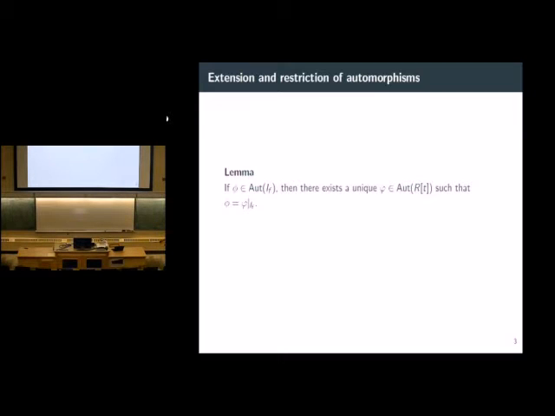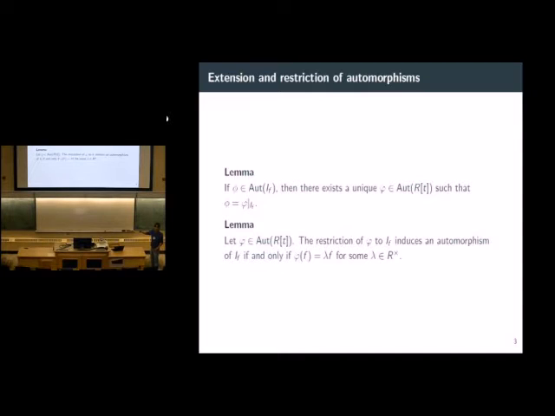The second result is, on the one hand you can extend this automorphism to the polynomial ring, and on the other hand, if you start with an automorphism of the polynomial ring, the restriction to I_f is going to preserve I_f if and only if it sends f to a multiple of itself. So these two lemmas are going to guide the rest of the results.